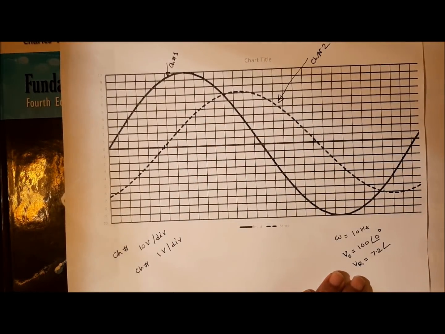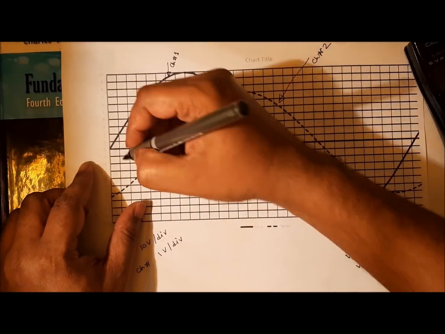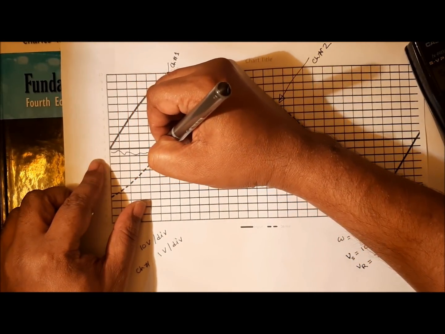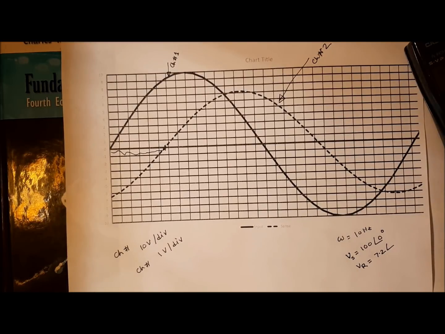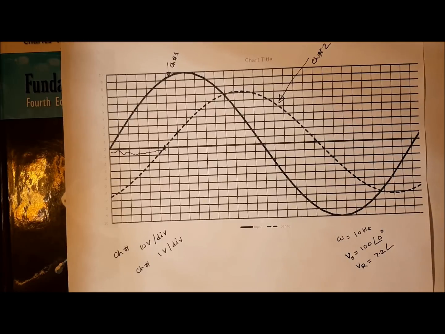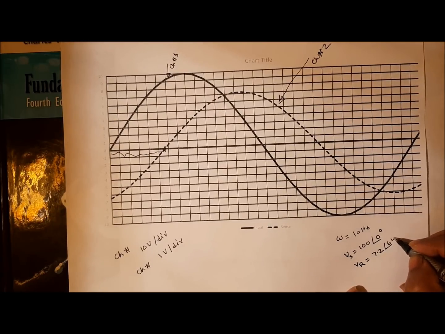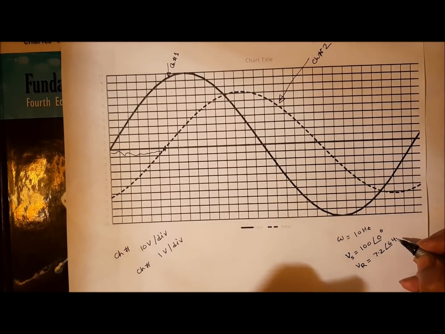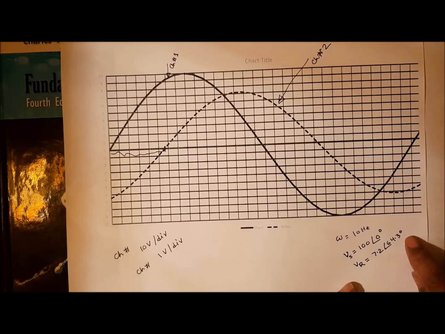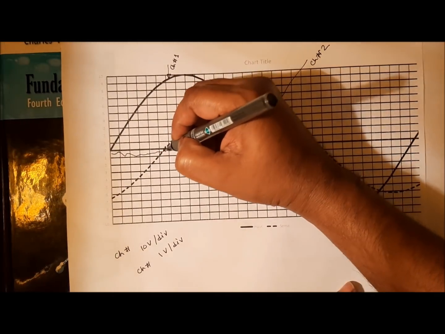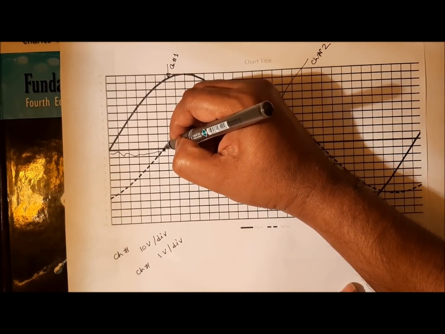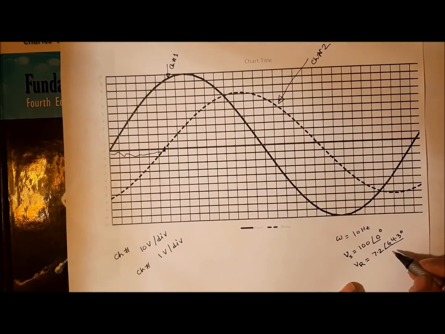Let's say from here to here I got an angle of 64.3. You might get an approximate value. I got the exact value 64.3, but you might choose an approximate value from here.